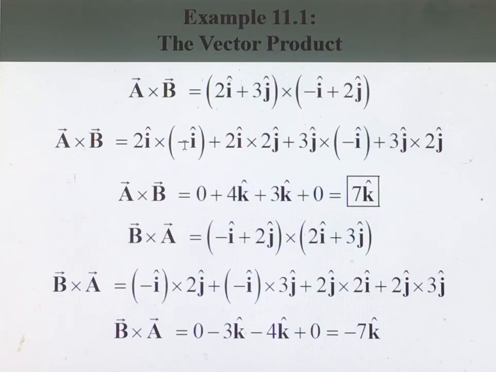So if you take i and negative i, and then you take i and j, and so on, and distribute all of these terms right here, then since we know that i cross i is 0, this term is 0. i cross j is equal to k. j cross i is equal to negative k, but again, there is a negative sign here, so you end up with a 3k, and j cross j is equal to 0. If you add that together, you get 7k. Now, if you do B cross A, and you do the math correctly, you end up with negative 7k. So you can see that B cross A is equal to negative A cross B.